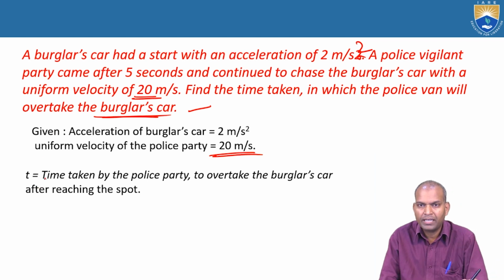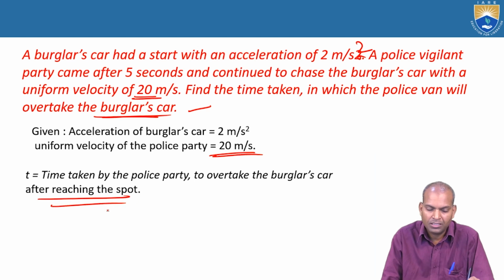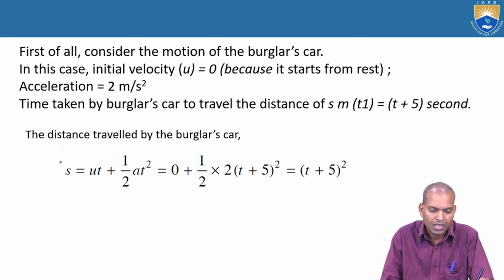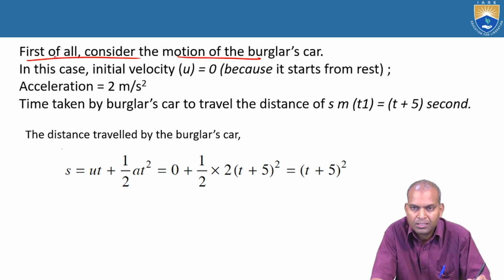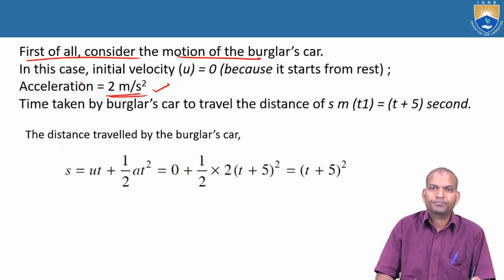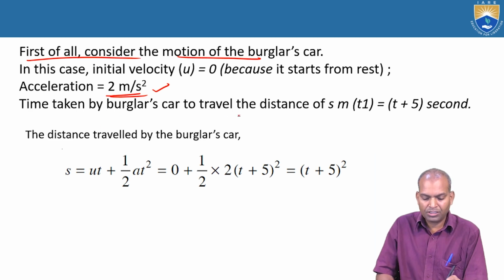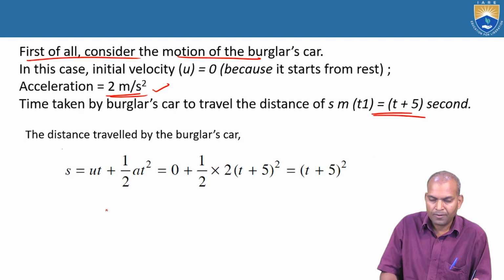Let t be the time taken by the police party to overtake the burglar's car after reaching the spot. First of all, consider the motion of the burglar's car. The initial velocity is 0 and the acceleration is 2 meters per square second. The time taken by the burglar's car to travel the distance is t1 equals t plus 5 seconds.